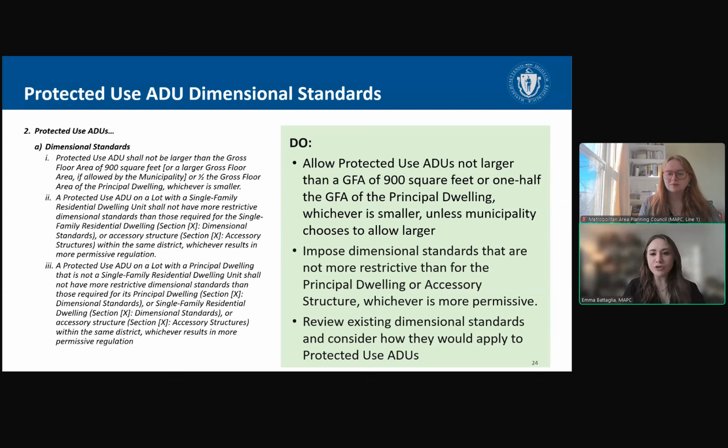The reason being is you might choose to change those numbers, and that way you only have to change that section of your bylaw. You don't then have to go back and change the ADU bylaw as well. So if you just reference that section, that can simplify the process a little bit. Next.